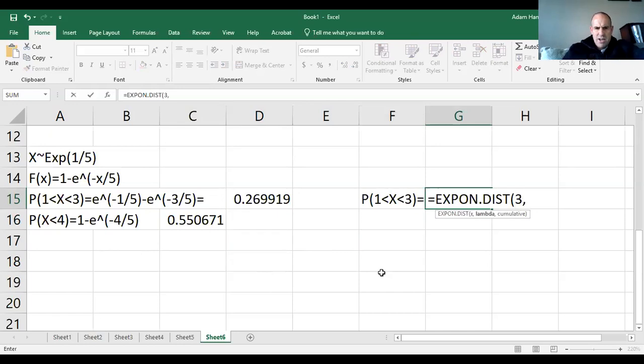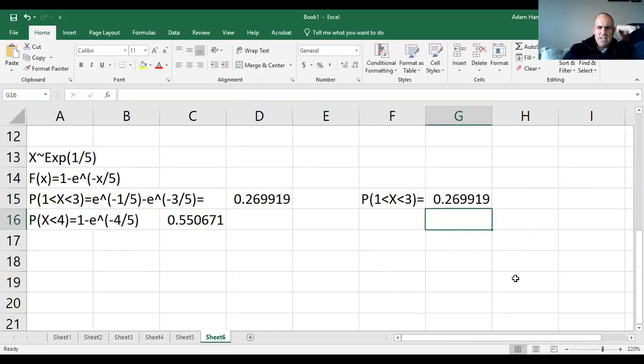What's my lambda? It's a 5th. Cumulative? Yes, true. But then I want to subtract off exponential distribution. I want to subtract off the stuff up to 1. So lambda is still a 5th, and yes, I want it to be cumulative. And there it is. It's exactly the same as what I got computing this by hand.